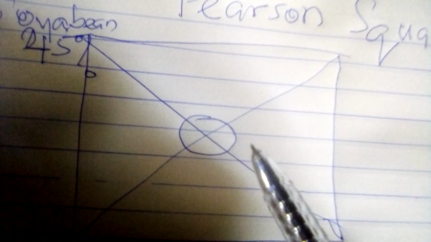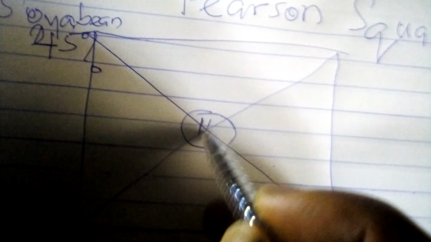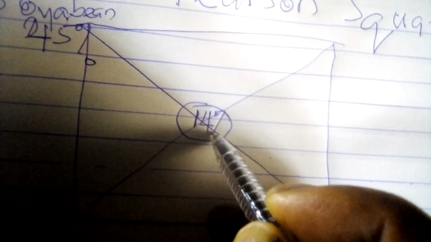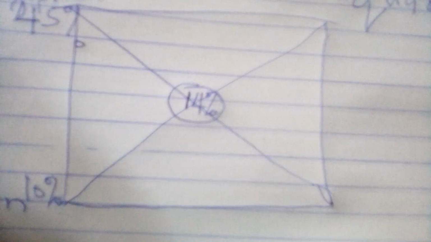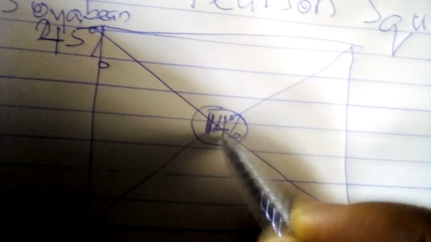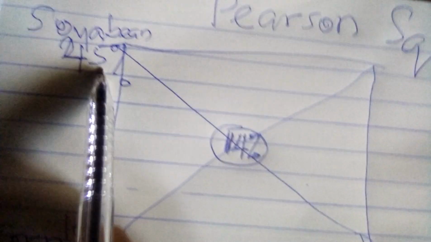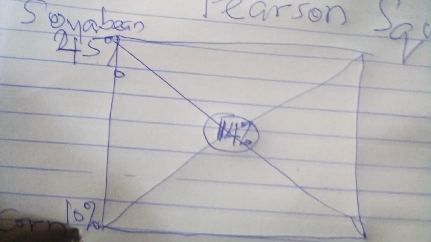Maybe you are looking for 14% crude protein of the feed. Then you write 14% in the middle. You have 45% here, and you have 10% here.